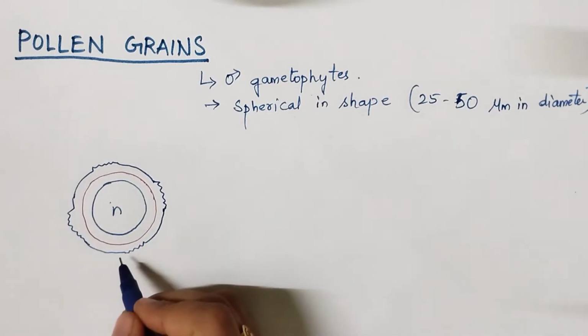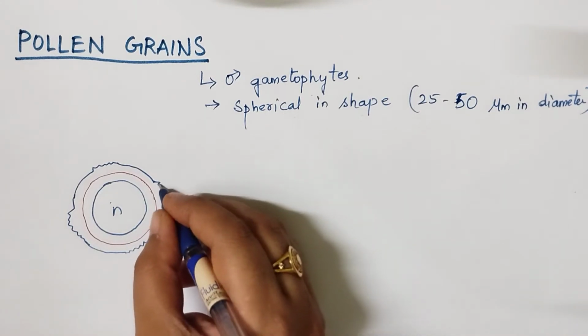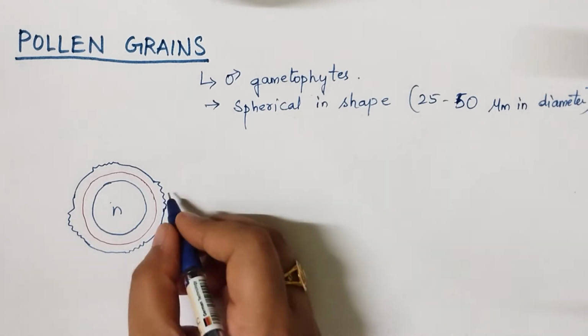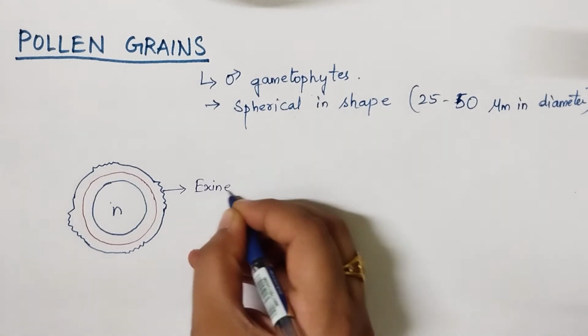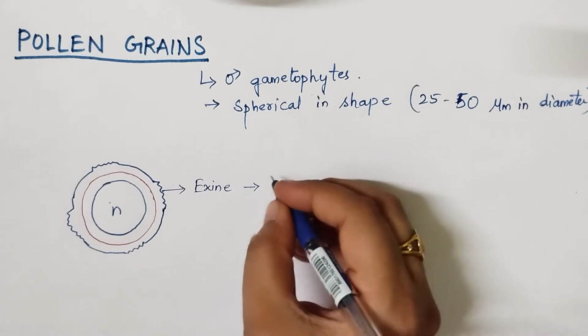This is the structure of a pollen grain, which is generally two-layered. In the first layer we can see two different types, the ridges and the smooth parts. This first layer is called the exine, which is the outermost and hardest layer.